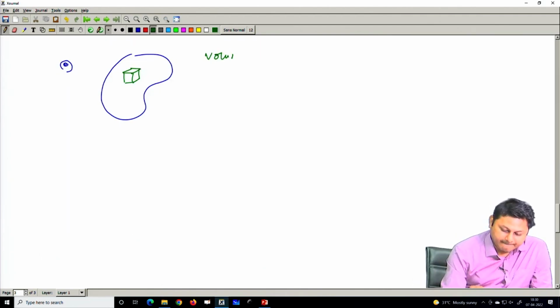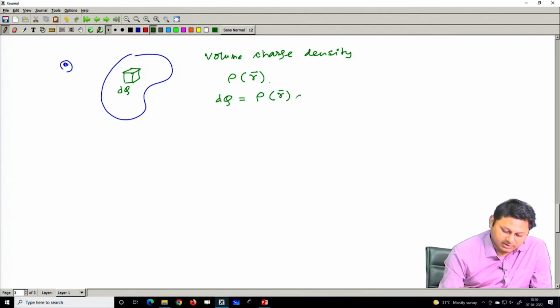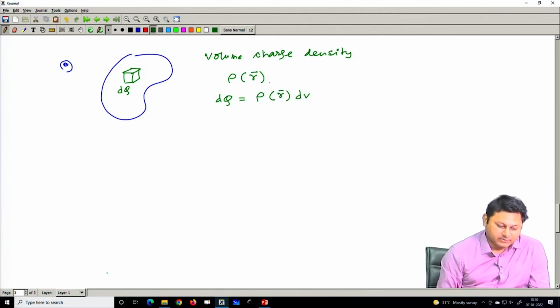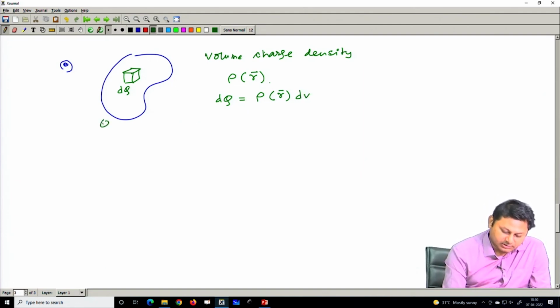The volume charge density is defined as rho, which is a function of r. Now, for this tiny region, if I have dq amount of charge, then dq should be equal to rho of r, the volume charge density, times the volume dV. If I want to find the total charge, then the total charge will be the volume integral of the charge density times dV. We are going to use this expression several times.